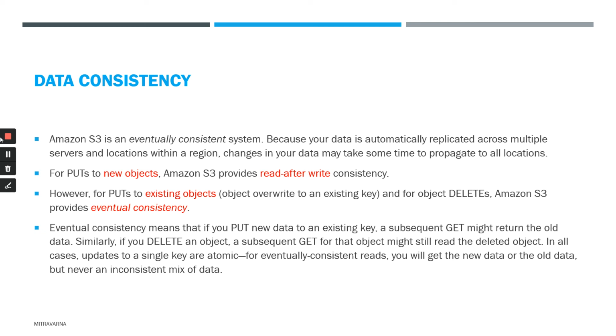In all cases, updates to a single key are atomic. For eventually consistent reads, you will get the new data or the old data, but never an inconsistent mix of data. Which means it's very simple: if you update or delete something, it will take some time to be reflected in the other region. This is what they are trying to convey.